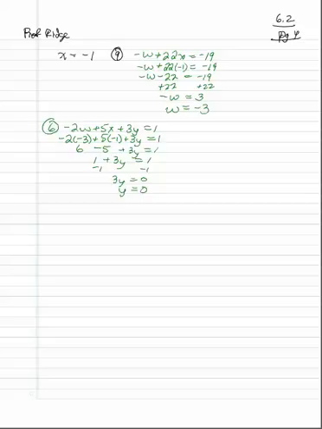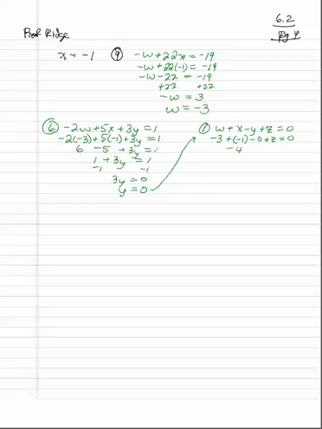And so now we're going to take those 3 results and plug them into equations 1, 2, 3, or 4. Let's use 1, which is w plus x minus y plus z equals 0. W is negative 3, x is negative 1, y is 0, and we've got to solve for z.